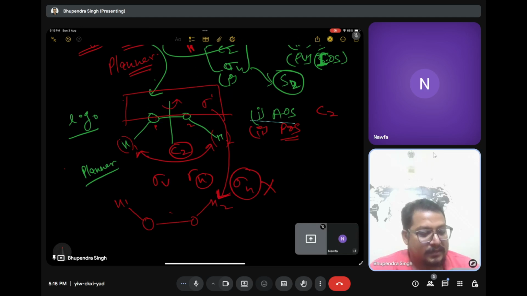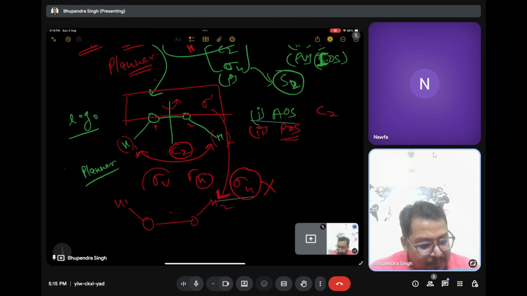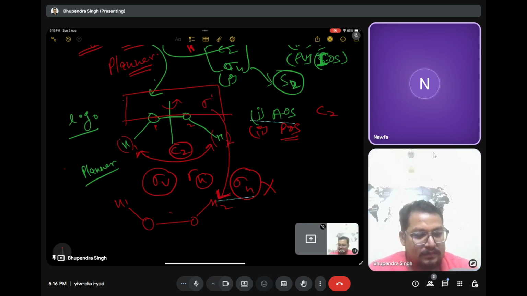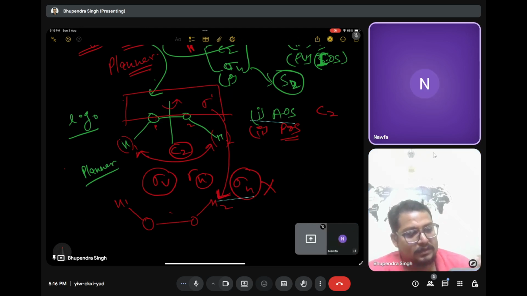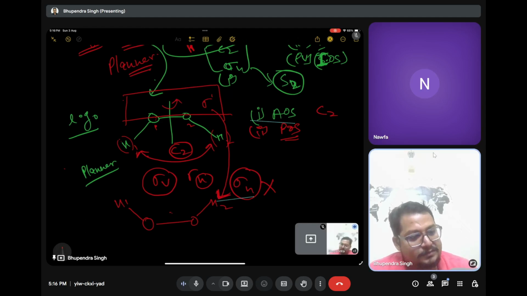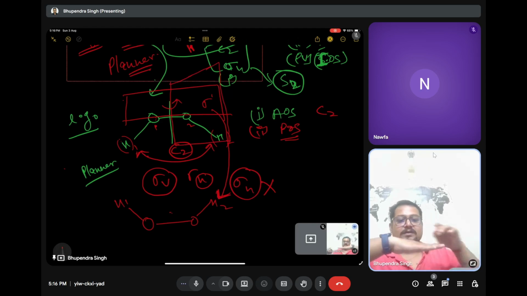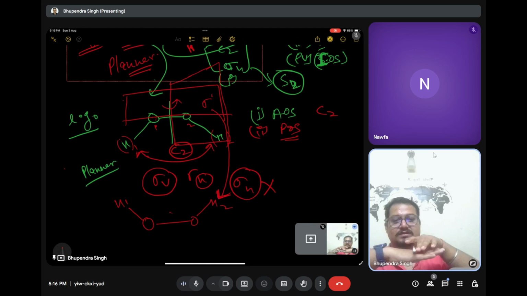But is there any possibility of sigma V to be present in this molecule? Yes, sigma V is present. This is your sigma V, and this is the C2 axis.